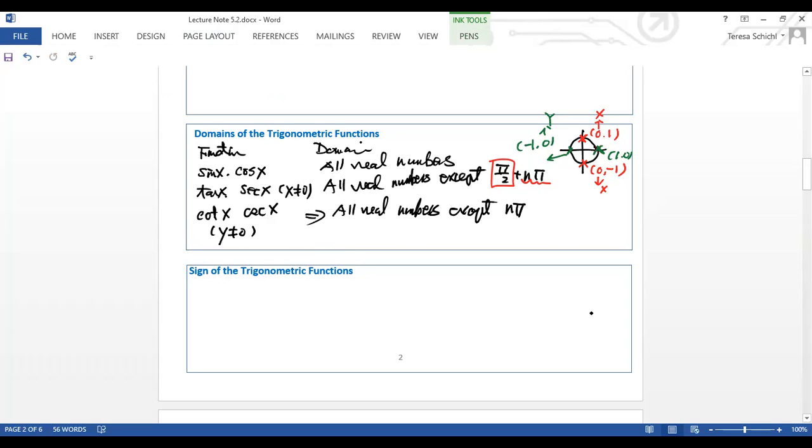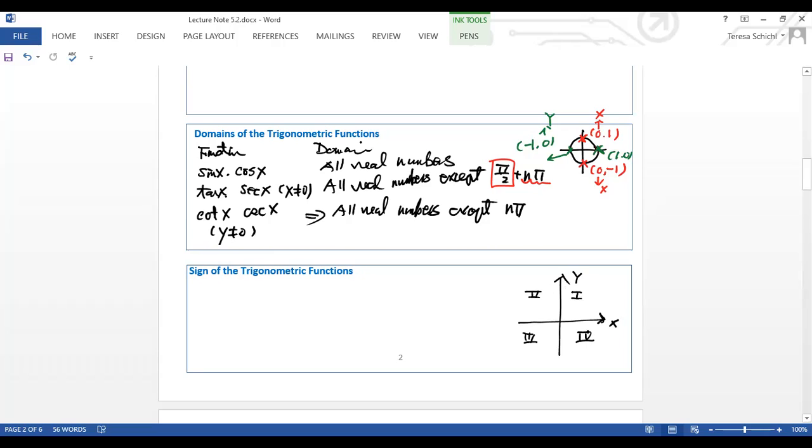The next one is also quite important: the signs of the trig functions. So this is my x, y axes. This is my first quadrant, second quadrant, third quadrant, and fourth quadrant here, right?